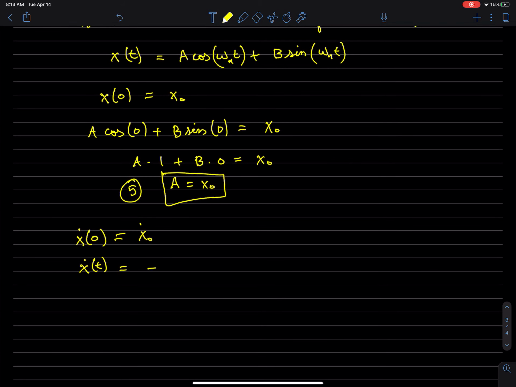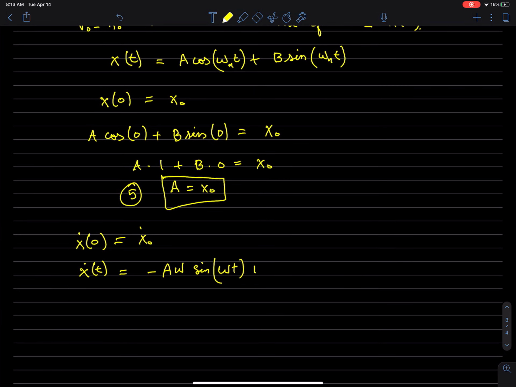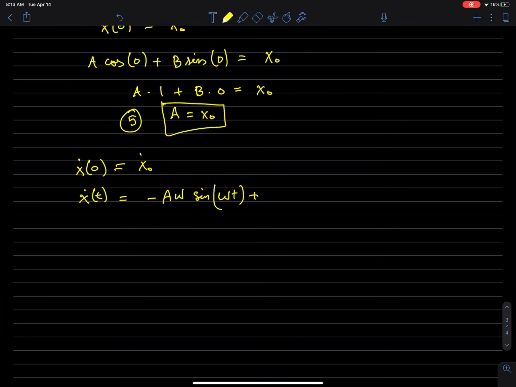We already did it in the past, but we can do that again: minus a omega sine omega t plus b omega cosine omega t.